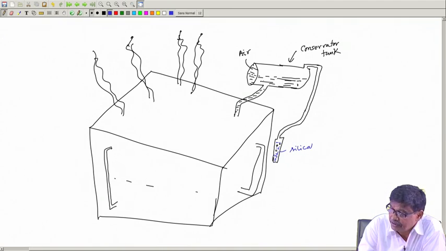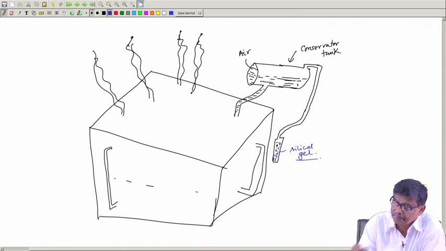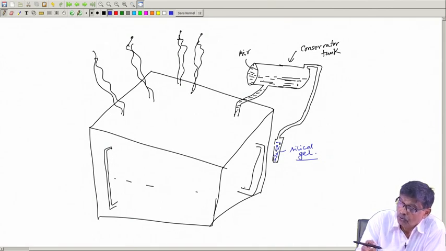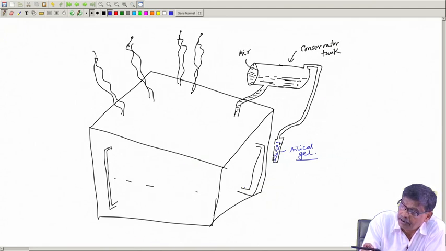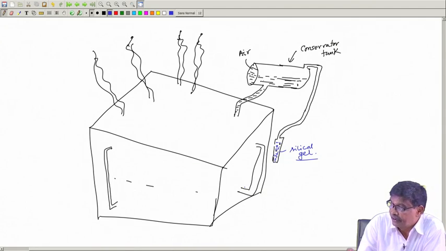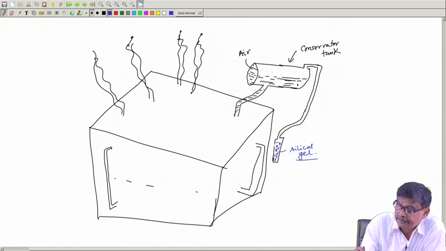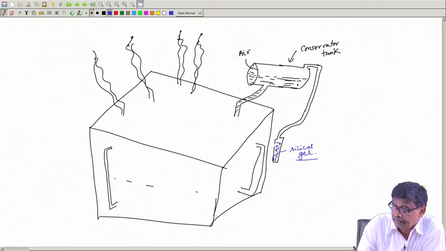I do not know the spelling, you check, silica gel, and there will be perforations. So, this transformer oil is in touch with the atmosphere via this tank air, this is filled with air, and this air through silica gel.